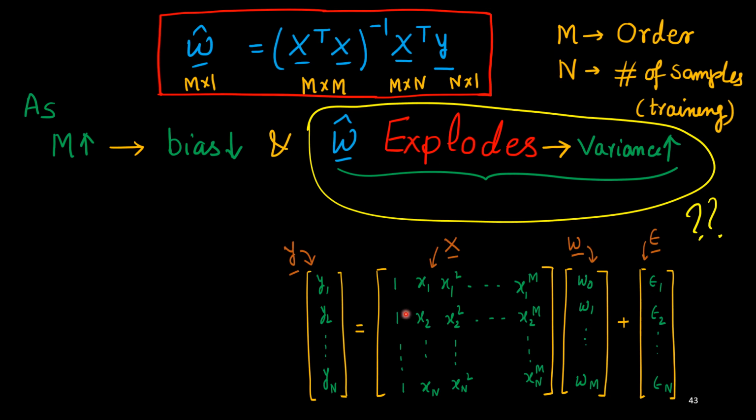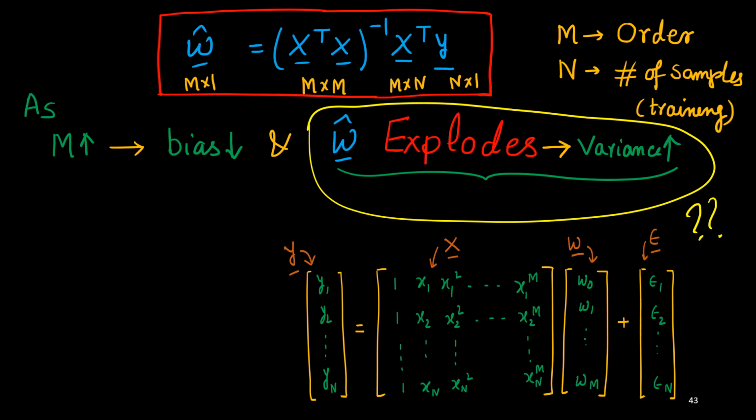Now in this capital X, as m is increasing, what is happening? You are keeping capital N, the number of data points, constant, but you are going to increase capital M. In that case, the number of columns will increase, keeping the number of rows the same.